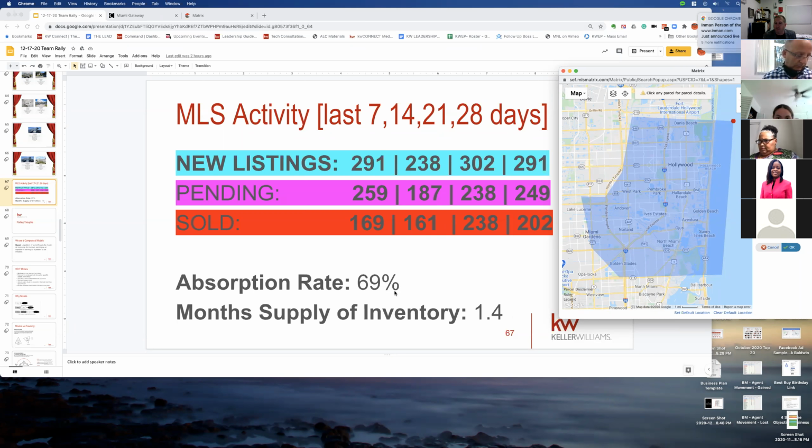Anything over 20% absorption and anything under 5.5 months is a seller's market. And the opposite is a buyer's market. The farther away from 20% and 5.5 months is the intensity of the market.